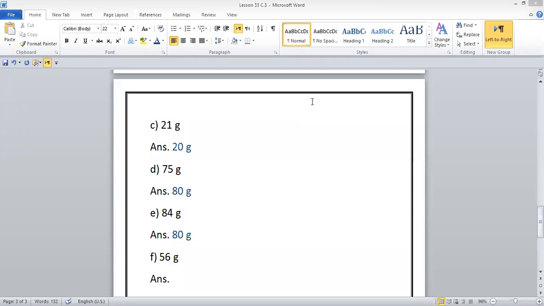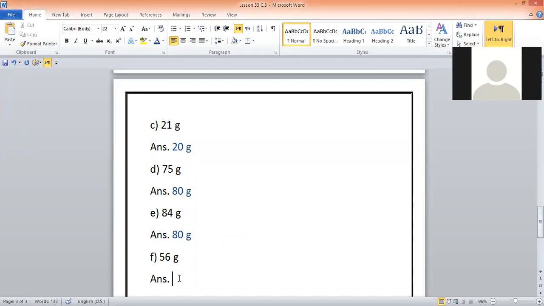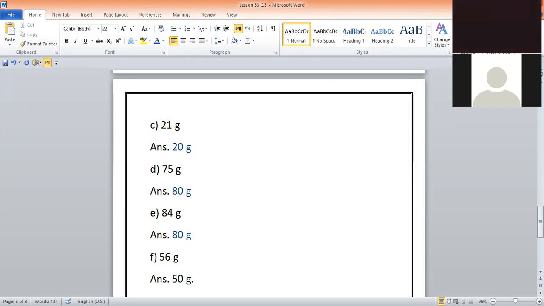Ahmad Kandil. 56 gram, rounded to the nearest 10. What should be the answer? Why 60? Why not 50? The answer should be how? 6 is a big number. So? The 50 should be 60.